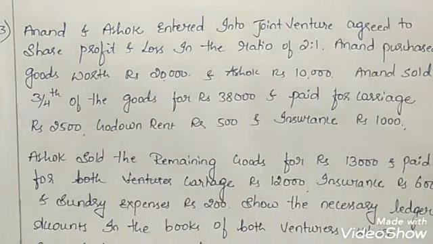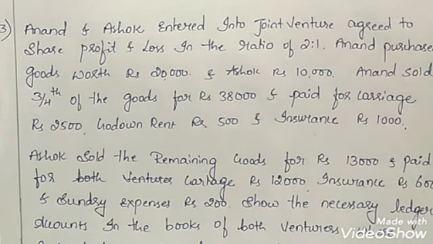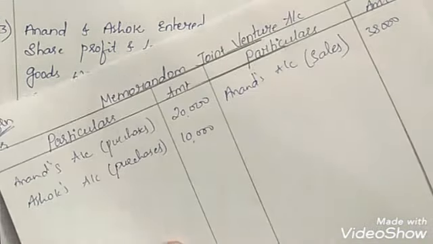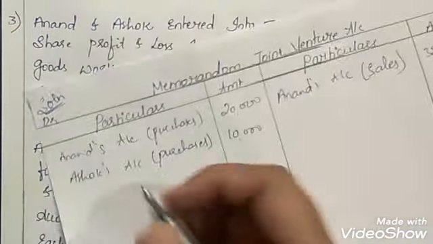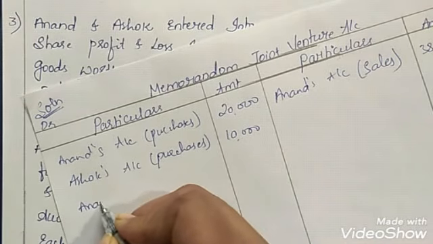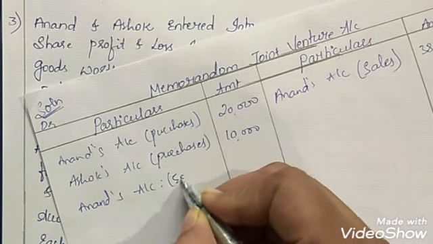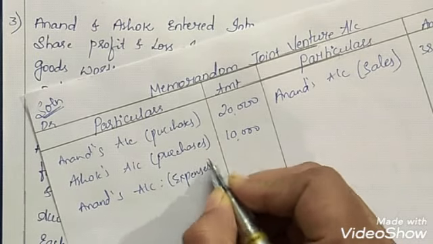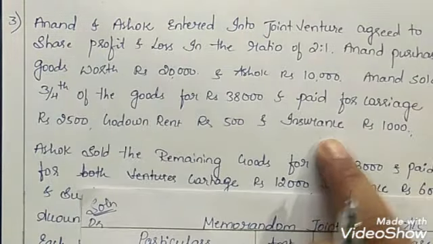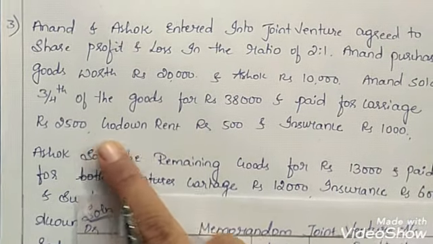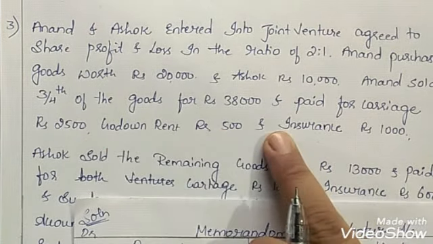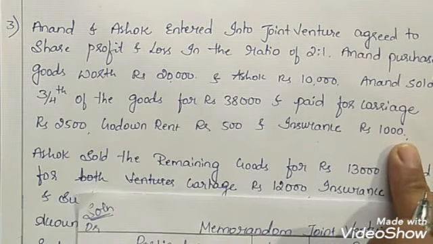Along with that, he is incurring some expenses. We know expenses should be recorded on the debit side, so mention Anand's account, in brackets expenses. He is paying for carriage rupees 2,500, godown rent rupees 500 and insurance rupees 1,000.